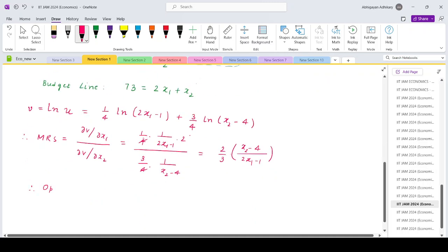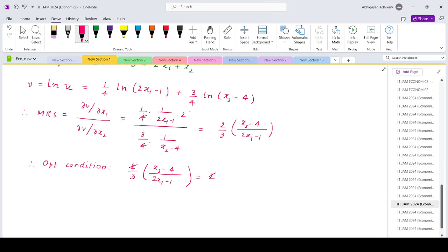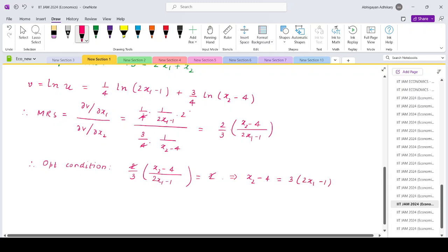So that means the optimization condition is 2 by 3 times (x2 minus 4) by (2x1 minus 1) equals 2. So from here we can get this.